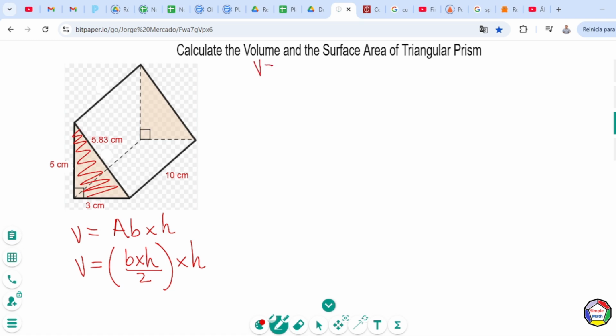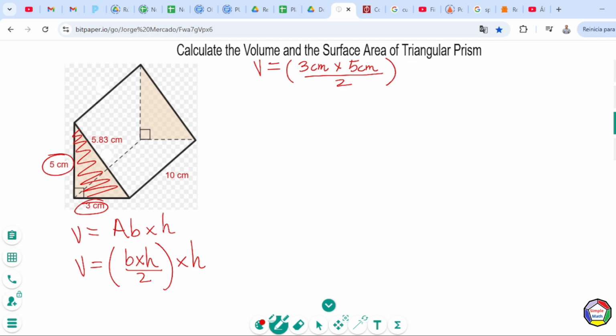So let's continue here. The volume is equal to, what is the base of the solid? It is 3 centimeters. So we have 3 centimeters times the height of that plane shape, which is 5 centimeters, and the answer divided by 2.